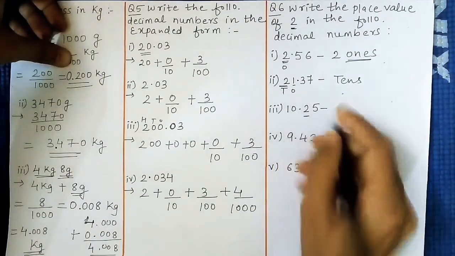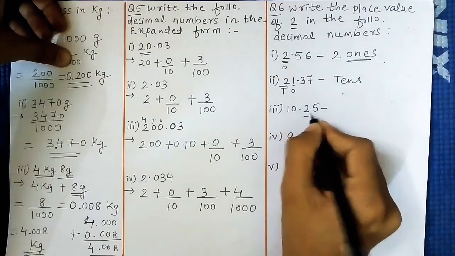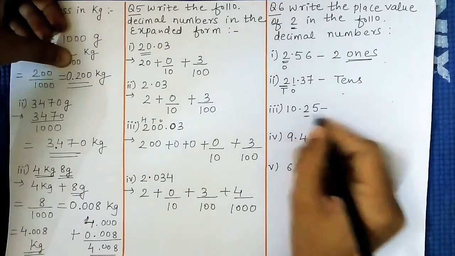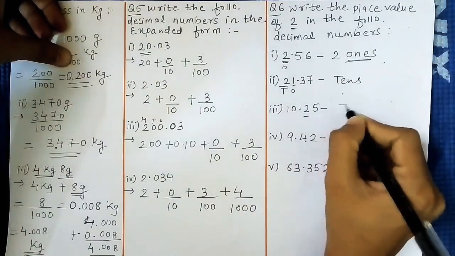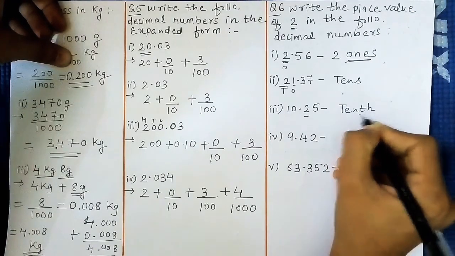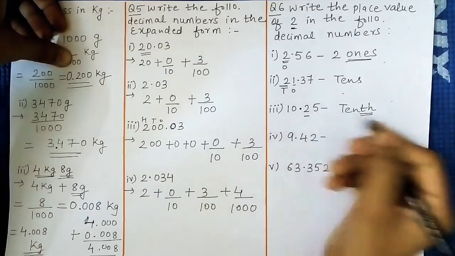Now here 2 is after the decimal point. After the decimal point means this is tenth place. So after the point we take it as tenth, hundredth, and thousandth. So here it is at tenth place, so you will put tenth, tenth place after the decimal point.